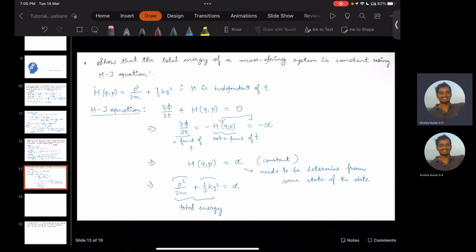Since this equation holds at all t, we say that the total energy of a mass spring system is constant. This is just a very simple example.